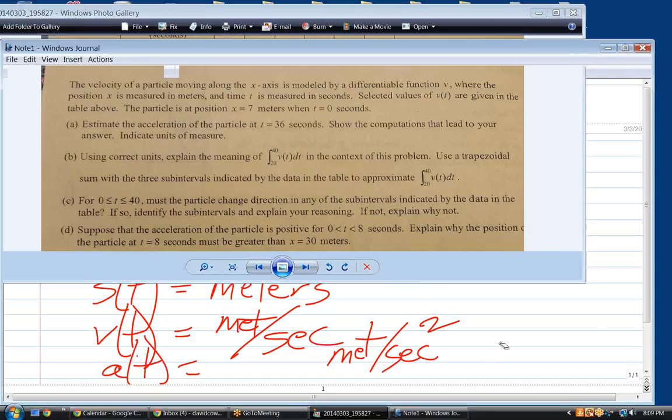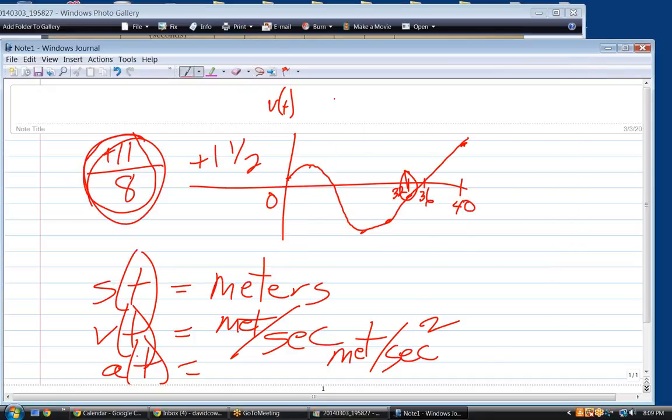In other words, if I'm going back and forth on the x-axis, well, my particle starts there and it goes there and then it goes back and then it goes back again. Well, I can figure out where it ended if I know where it started by integrating the velocity function, and that's going to tell me how far it traveled.